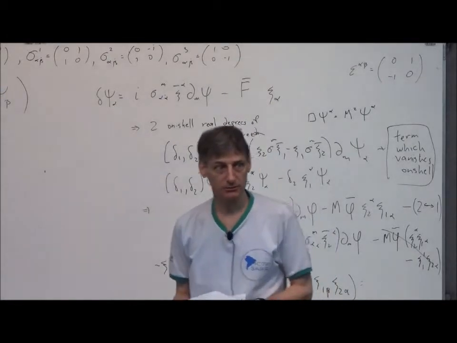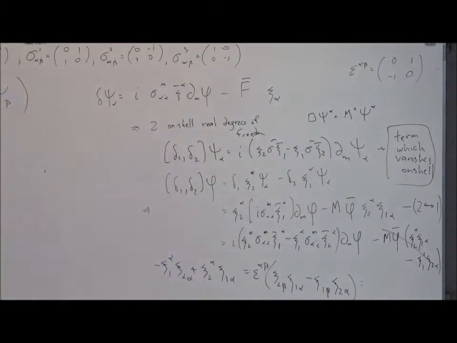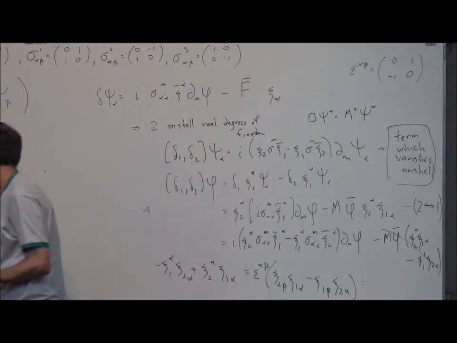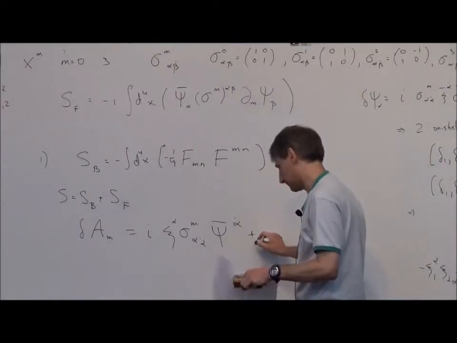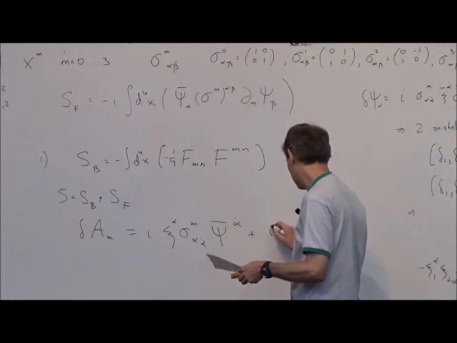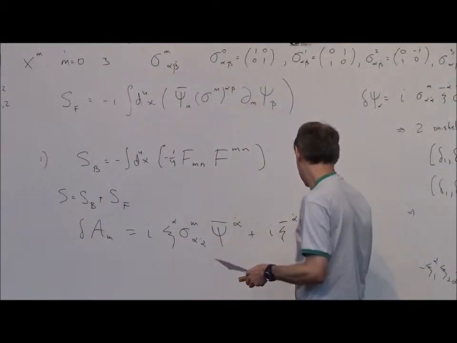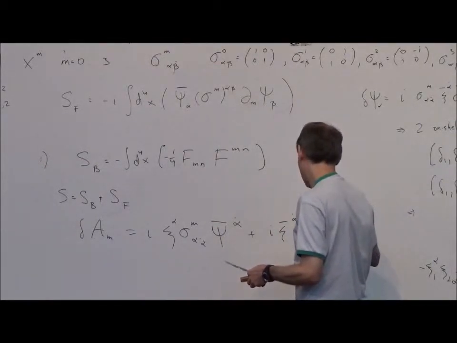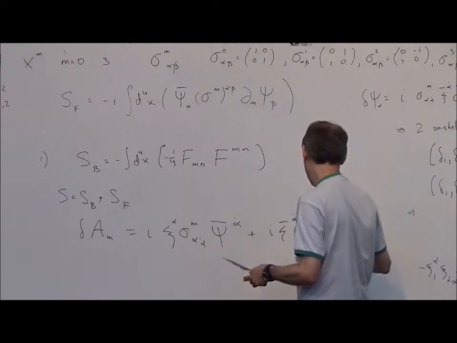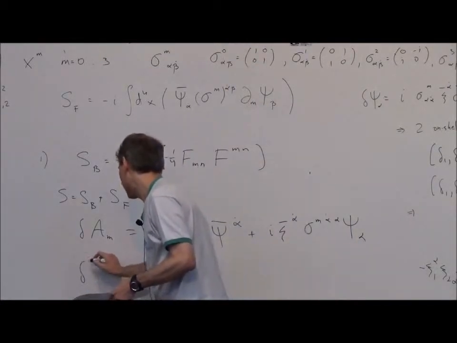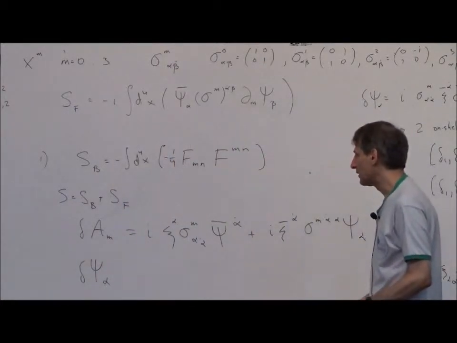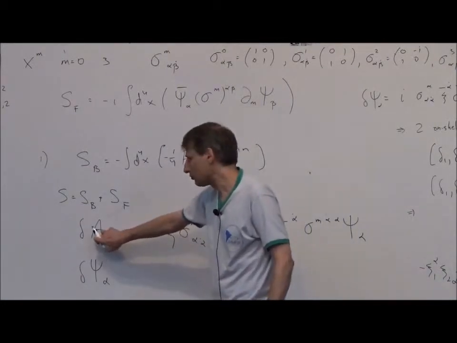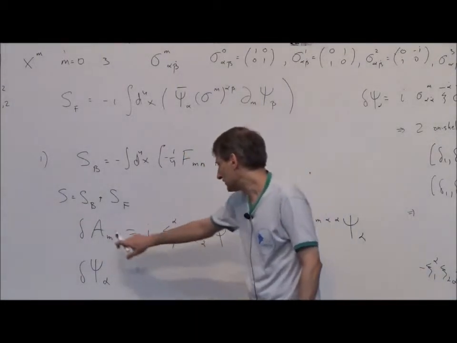Any other questions? Okay, so let's go back to super Yang-Mills, or super Maxwell. So this is a transformation of the photon, plus the complex conjugate. And again, the transformation of the fermion is going to involve derivatives of the gauge field, but it has to involve only gauge invariant objects, because A_N is not gauge invariant.